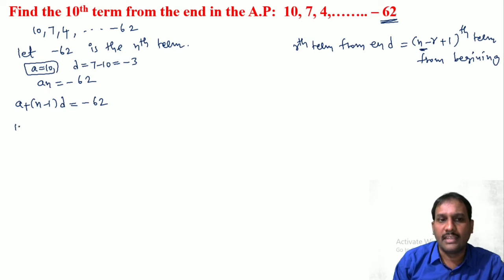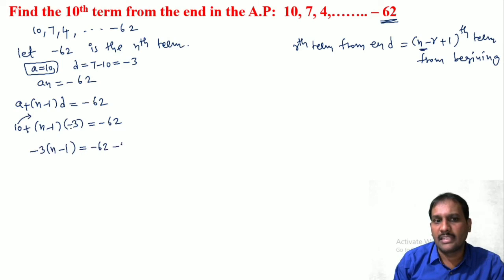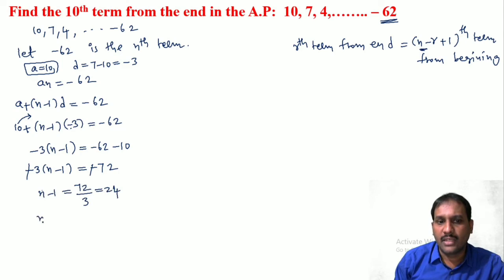Substitute here: 10 plus n minus 1 into minus 3 is equal to minus 62. Transpose 10 to the other side: minus 3 into n minus 1 is equal to minus 62 minus 10, which is minus 72. Both sides negative you can remove. So n minus 1 is equal to 72 by 3, that is 24. So n is equal to 24 plus 1, n is equal to 25.